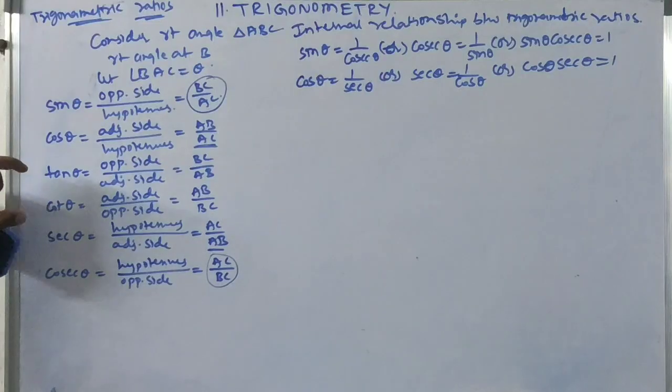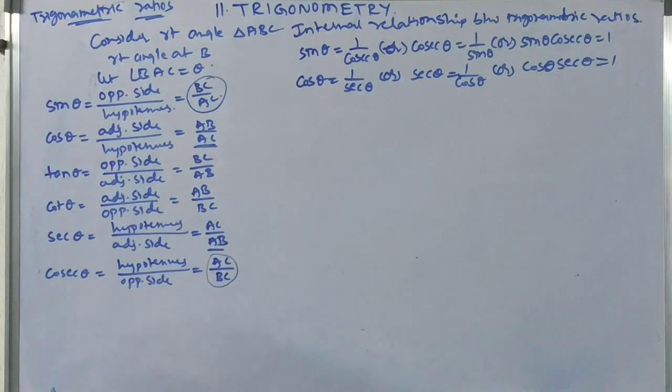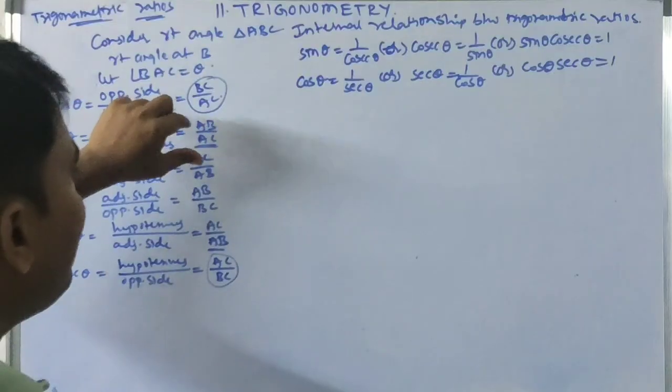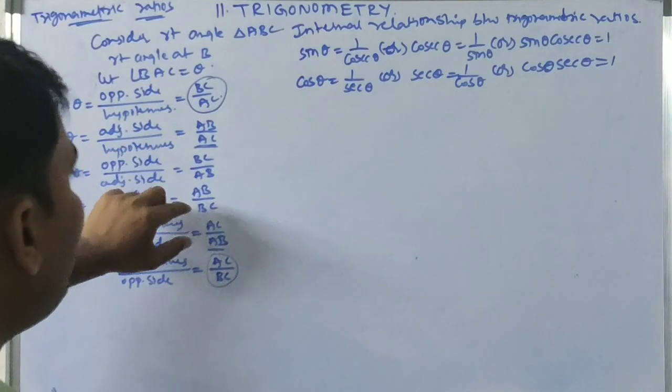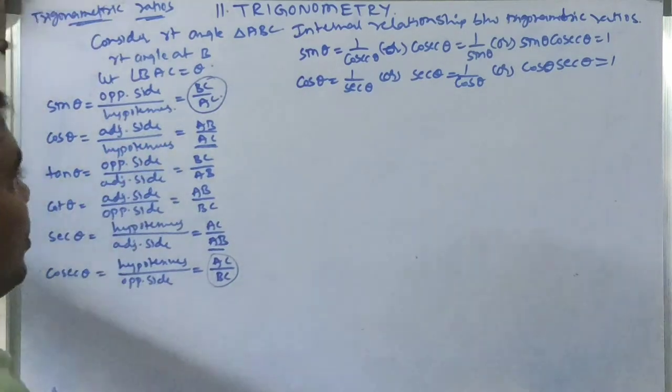Next, the remaining two, tan and cot: BC by AB and AB by BC are reciprocal to each other.